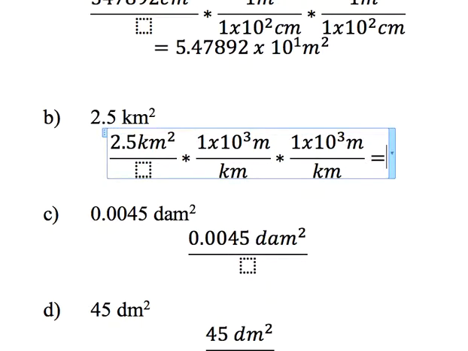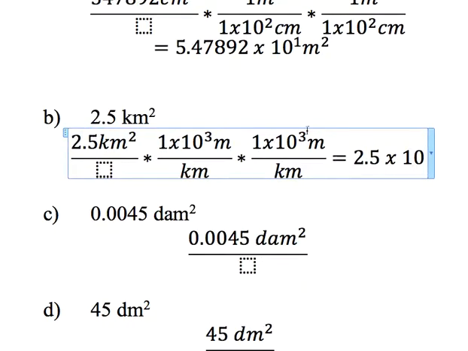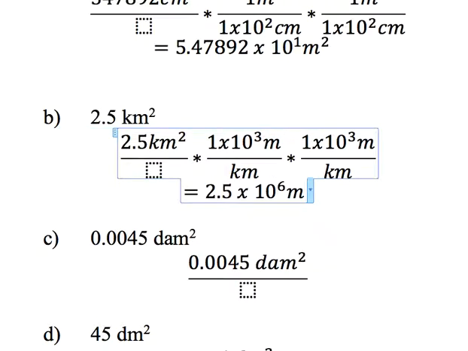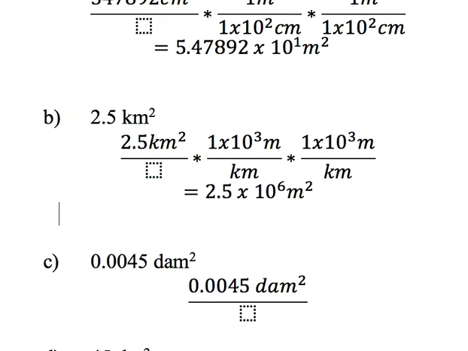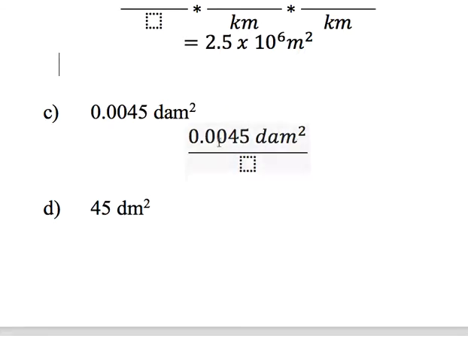Again, we multiply this out, 2.5 times 10. I've got an exponent of 3 and 3, so this is going to be to the 6th meters squared. Almost done with this one. Now we're on part C, and we have decameters squared, and we're going to go to meters.